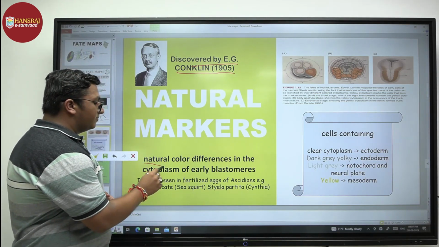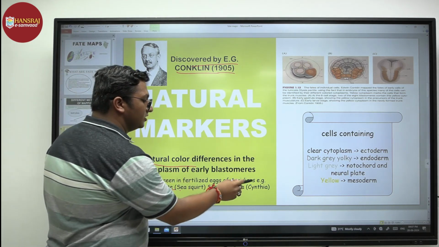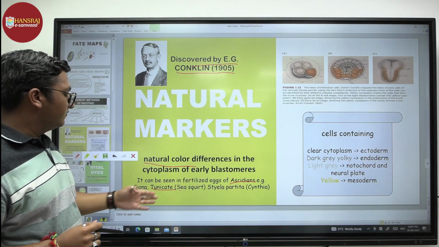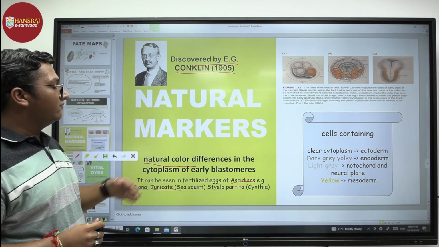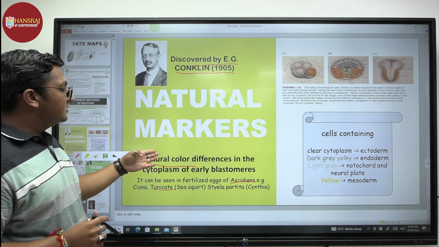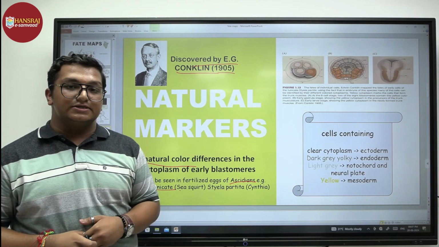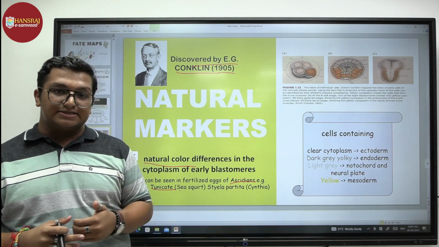A particular example can be seen in tunicates. As we have already studied in animal diversity, in the fertilized eggs of ascidians, tunicate sea squirt, we can see this kind of marker. In this, the natural color differences in the cytoplasm of early blastomeres. Prior to gastrulation, the blastulation stage is there.